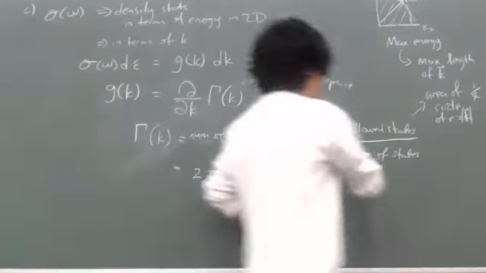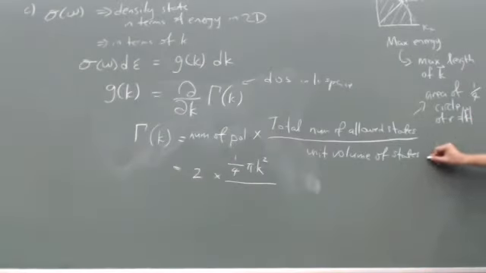This thing is a bit weird. You can think of this as if you have your physical box of side length L, then inside you can fit standing waves, like when you solve your Schrodinger equation. Then your boundary condition is going to be K equals n pi on L or something like that.